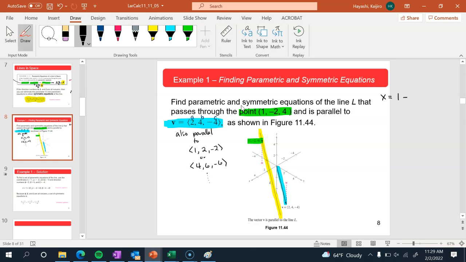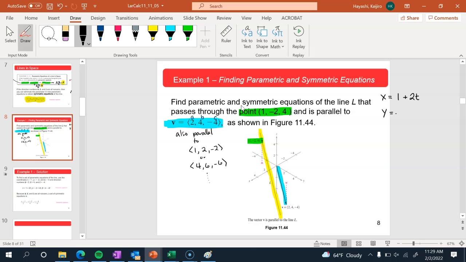And it's going to be plus 2 times t, because 2 describes the movement in the x direction in this vector, from that directional vector. Y is going to be the same.